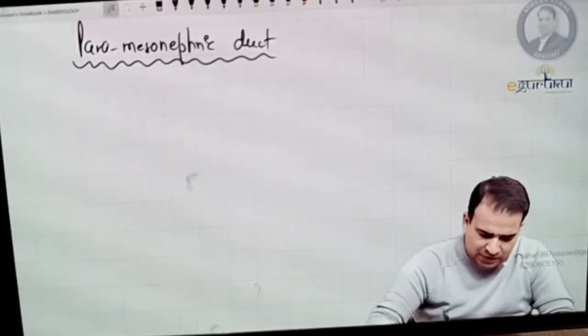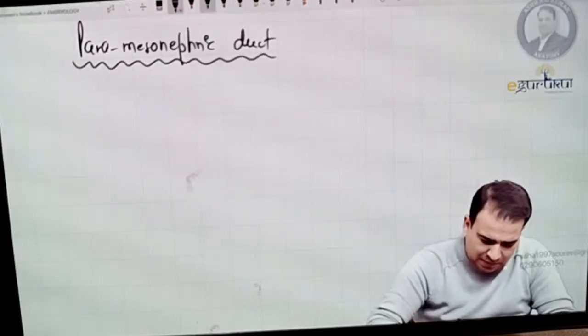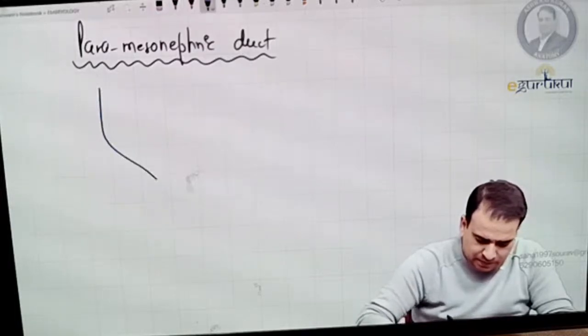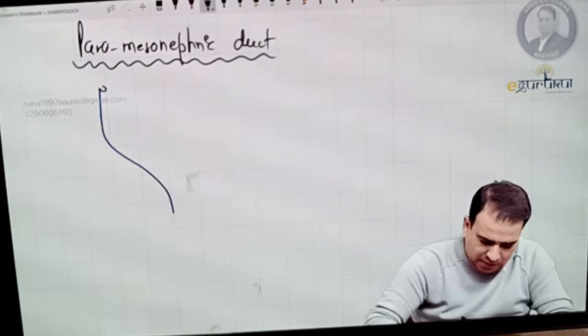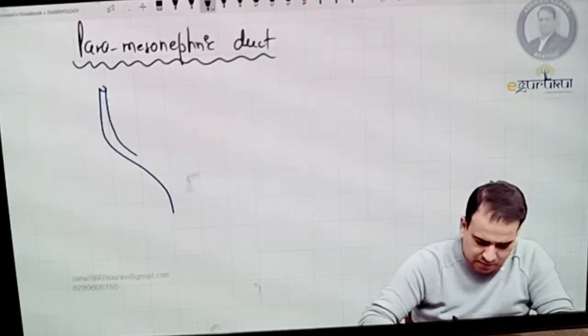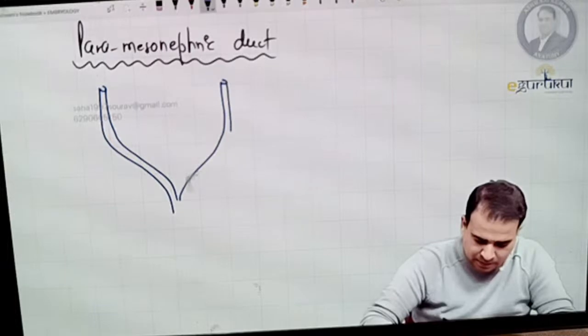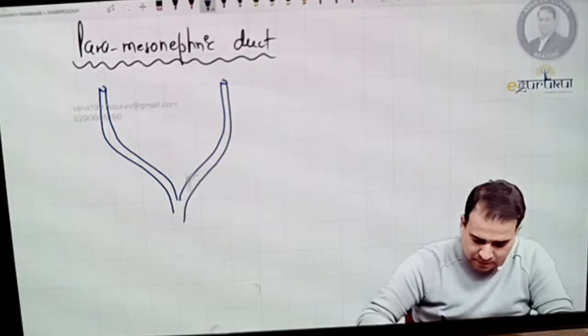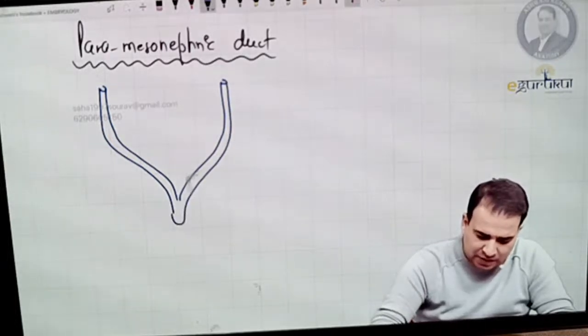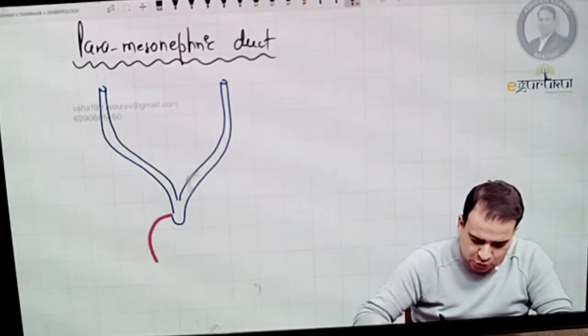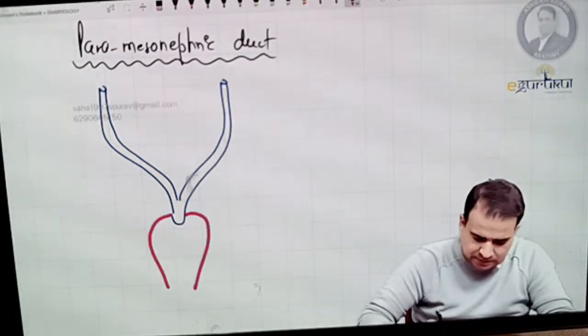I have to go with the same thing. This is the paramesonephric duct of, let's say, the right side, and we have this paramesonephric duct of the left side. And then this paramesonephric duct is invading this urogenital sinus.